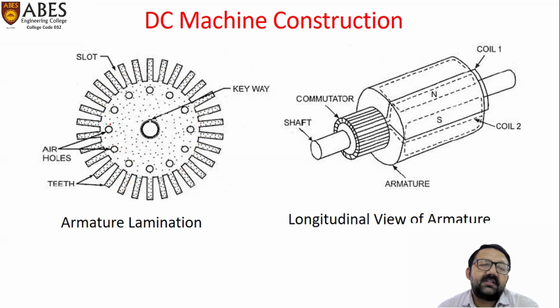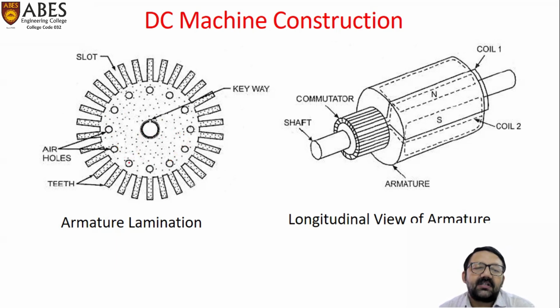On each lamination there are some air holes, which are known as cooling ducts. These cooling ducts travel along the entire axial length of the armature core, and the purpose of these cooling ducts or axial holes is to provide a path for the flow of coolant or air depending upon the requirements of the machine.